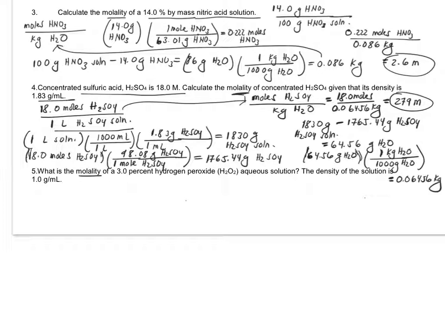In our last problem for this problem set, we want to determine the molality of a hydrogen peroxide solution. The molality of this hydrogen peroxide solution would be moles of hydrogen peroxide over kilograms of water. Given that I have a 3% by mass hydrogen peroxide solution, so that would be 3.0 grams of hydrogen peroxide per 100 grams of hydrogen peroxide solution.